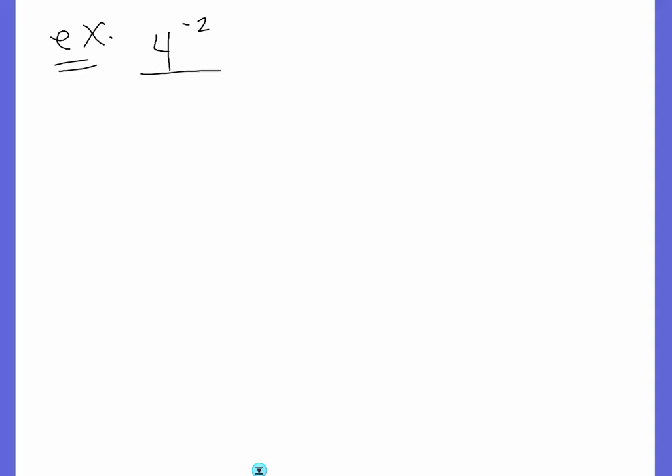So if I put this over 1, and I circle my base, which is 4, that has a negative exponent, and I move it to the bottom, 4 squared becomes positive down here, and then I have a 1. And if I simplify that a little further, I'm going to have 1 over 16. Is 1 over 16 the same thing as negative 16?